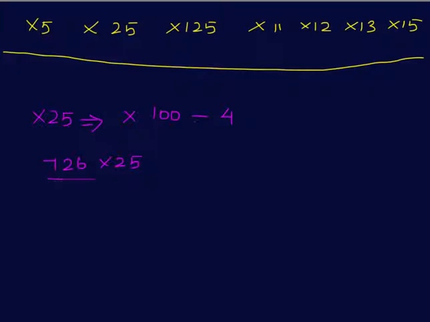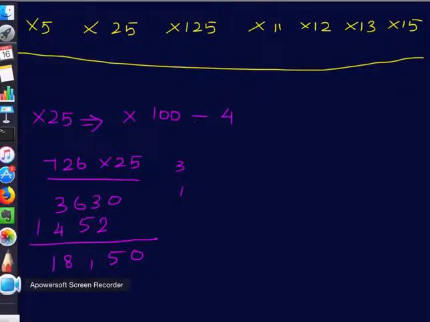Again, if you want to go with a conventional method, let me just make a quick conventional method. Multiplication by 25... Okay, let me just check this one.